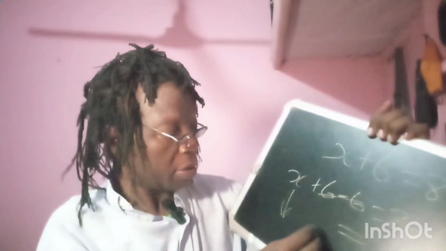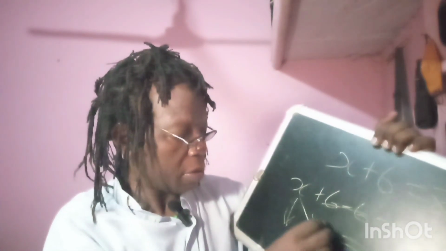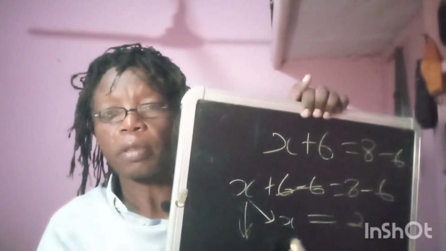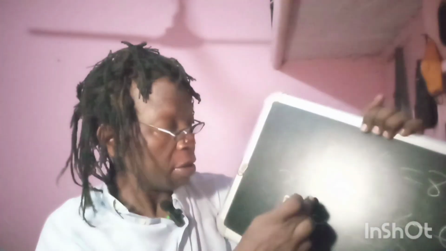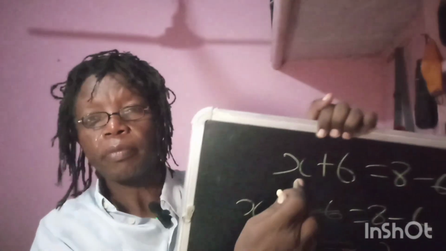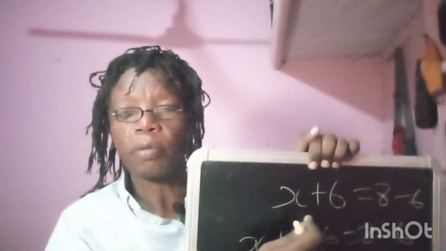So in other words, the value of x will be equal to 2. And if you plug it in here, 2 plus 6 will give you 8. So you see, that's how algebra works.